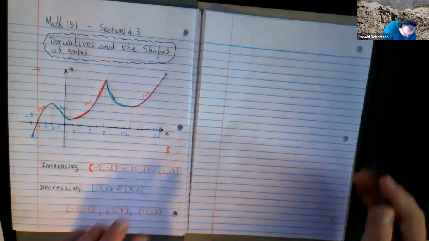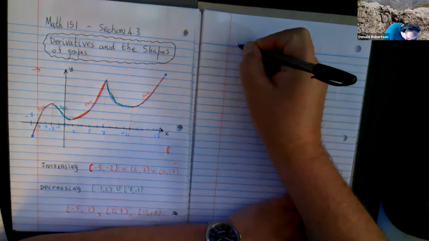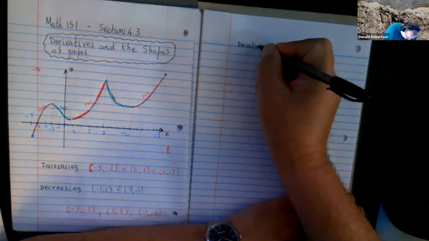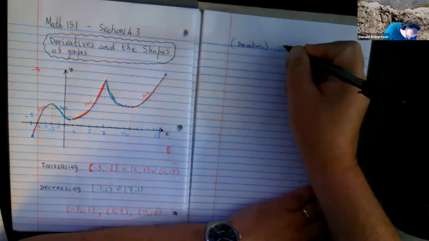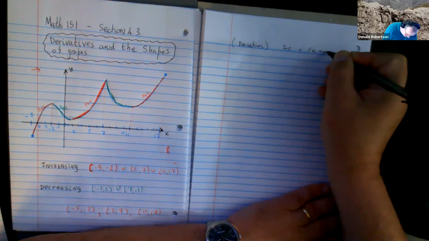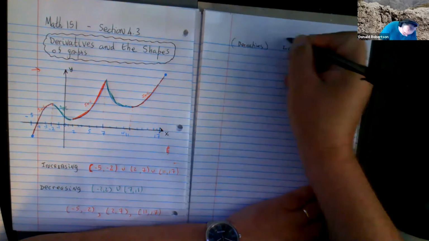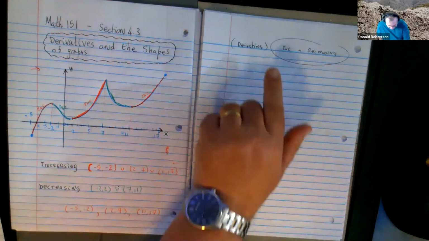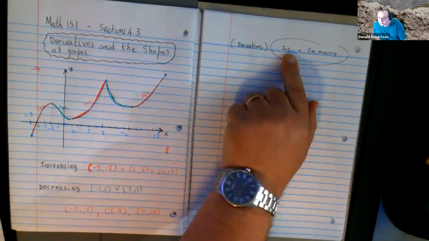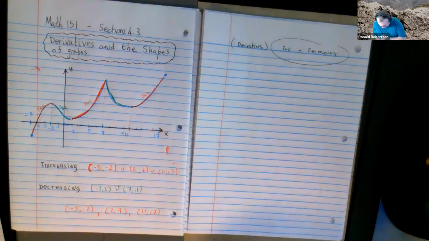Okay, let's talk about derivatives and increasing, decreasing. Is there a connection between the value of the derivative of a function and whether a function is increasing or decreasing? The answer is yes, and that is a very simple connection.